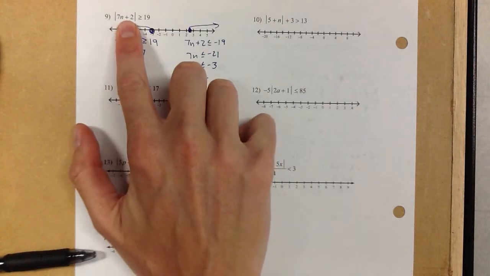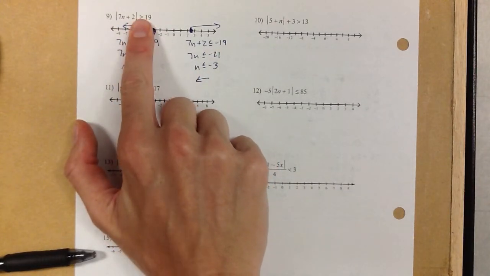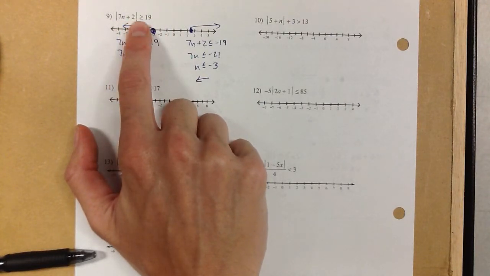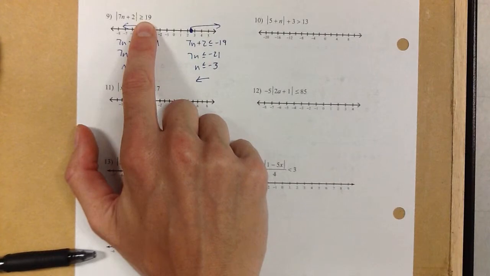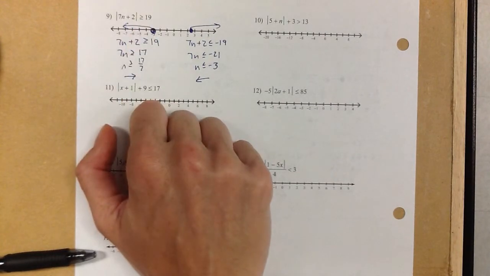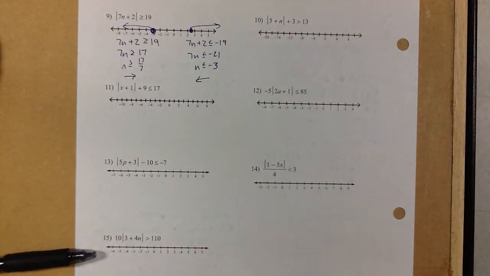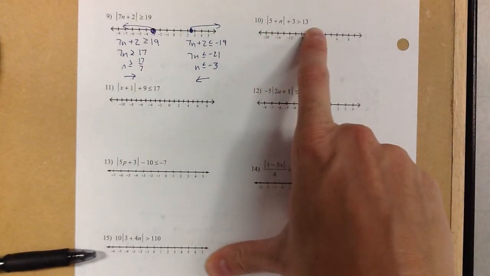Where's the absolute value up above the line? So what does this one say, using normal people words?